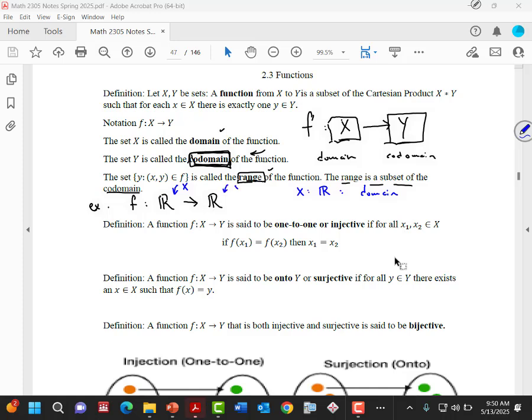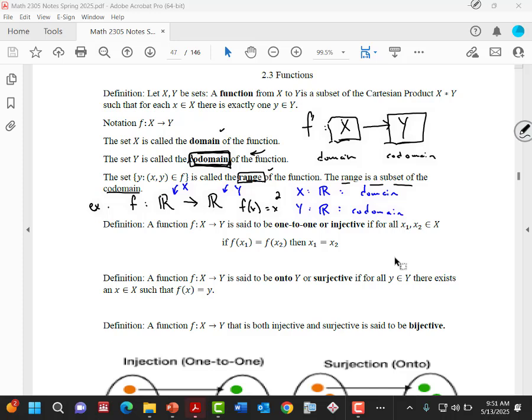This R right here is what I'm calling Y. It is also the set of real numbers, and this is what I'm calling the codomain. So this function, f of x, let's say, is the function x squared.